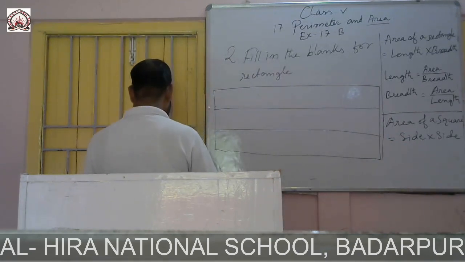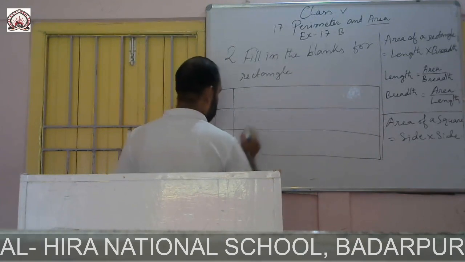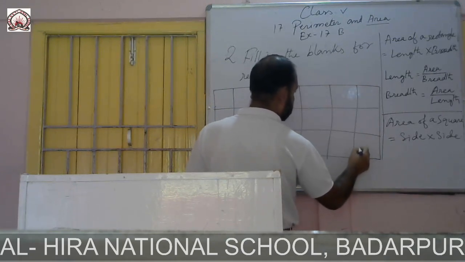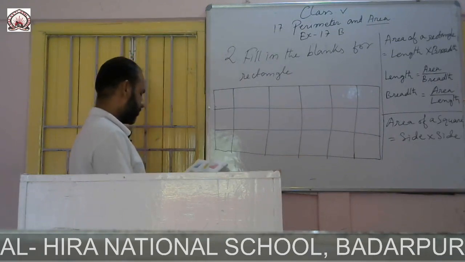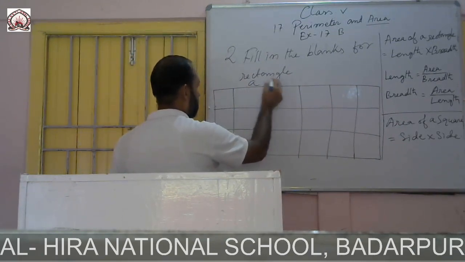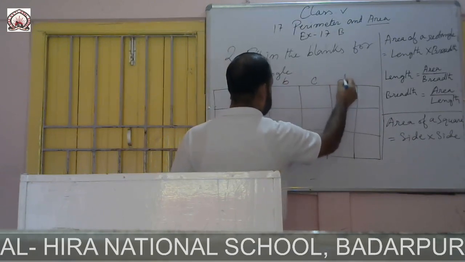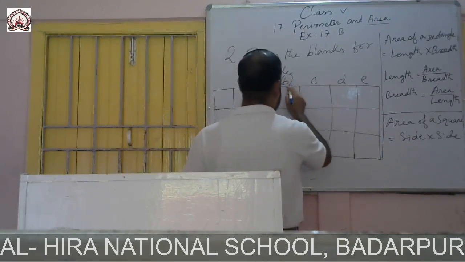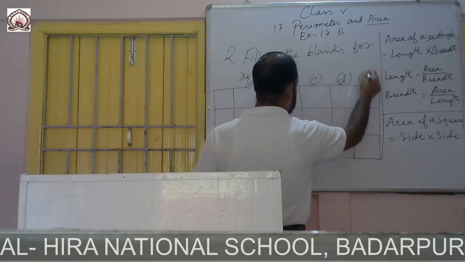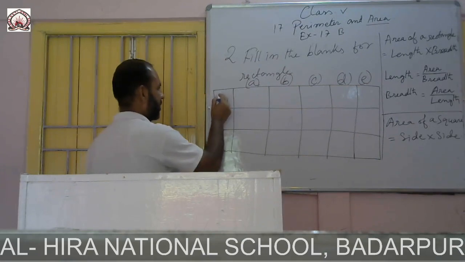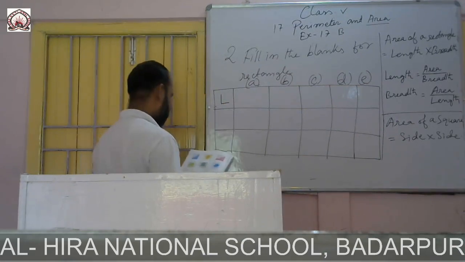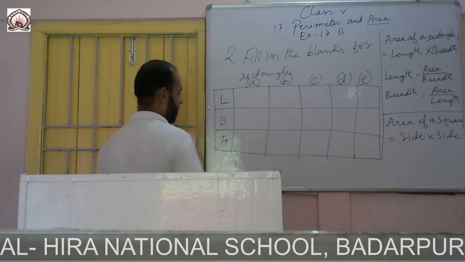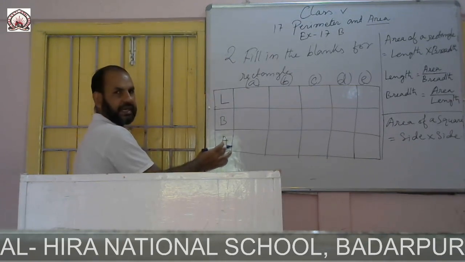There are parts A, B, C, D, E. Here L means length, B means breadth, and A means area: length, breadth, and area.